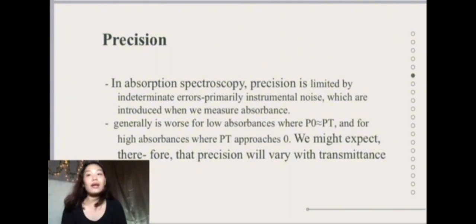Kay ang high absorbance, ang transmitted light intensity or ang PT approaches zero. So, the reduced amount of light passing through the sample also leads to increased noise and mo decrease iyang precision. So, always remember, it leads to increased noise while iyang precision is mo decrease.